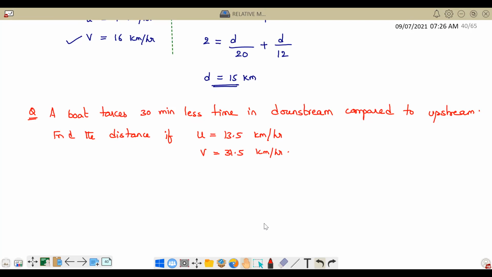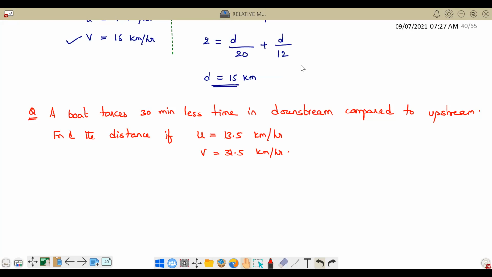Sir, is D equal to 18 kilometers? No. And you want to do it as a homework?